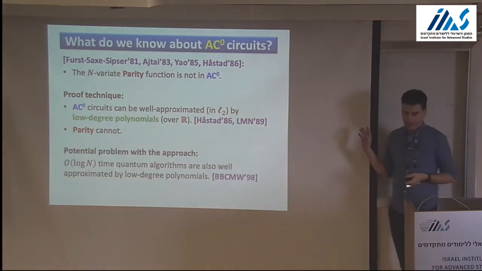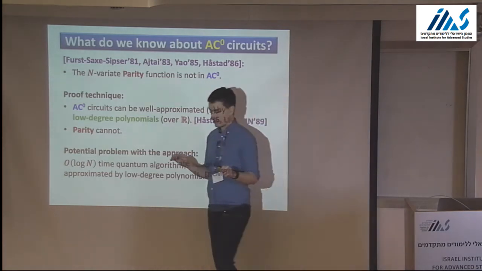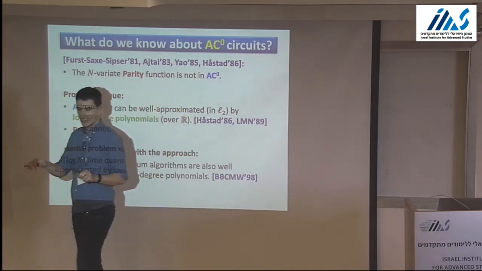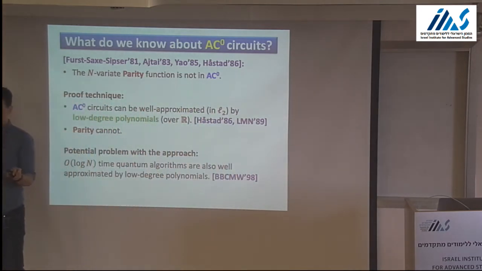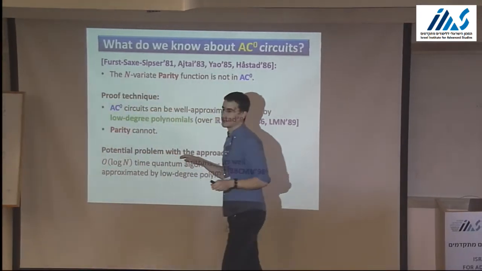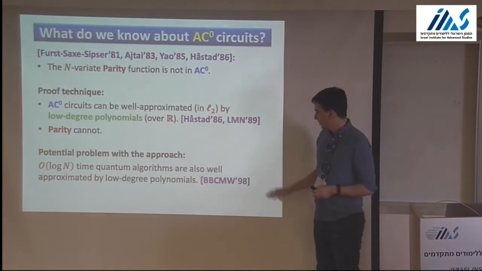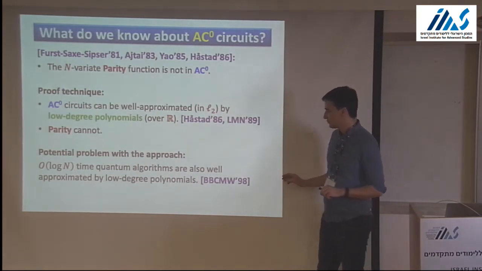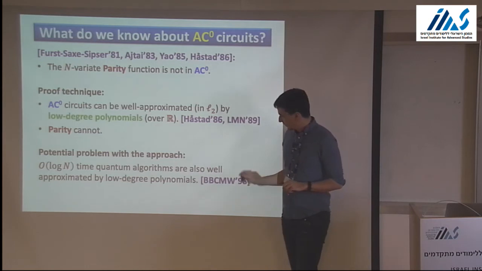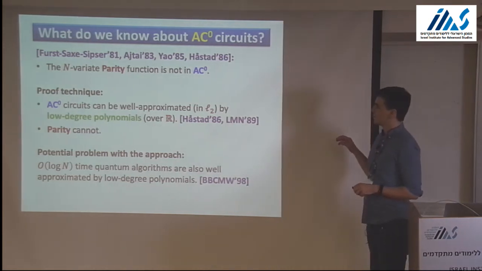Okay, so you can try to take this technique and apply it in our setting, but then you'll face a big obstacle. We are trying to distinguish between the capabilities of log-time quantum algorithms and AC0 circuits. But it turns out that log-time quantum algorithms can also be well approximated by low-degree polynomials. This is a very beautiful result of Beals et al. If I had more time, maybe I would show you that, but unfortunately I don't.